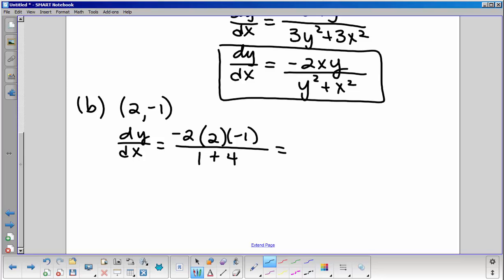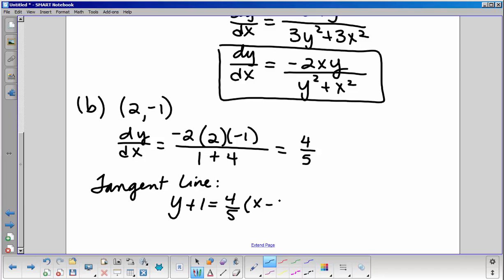So that's going to be 4 over 5. So what's the tangent line going to be? y plus 1 equals 4/5 times x minus 2. There you go.